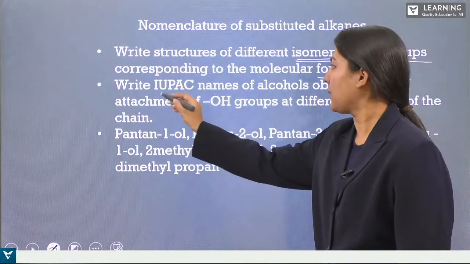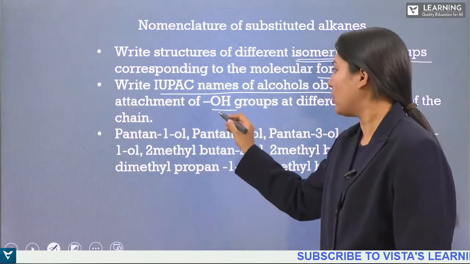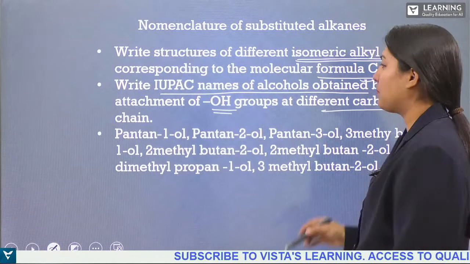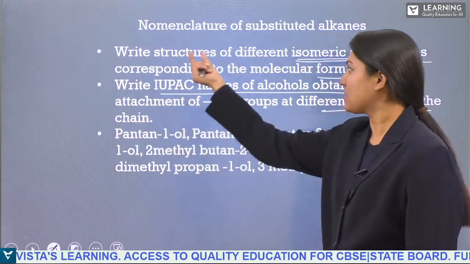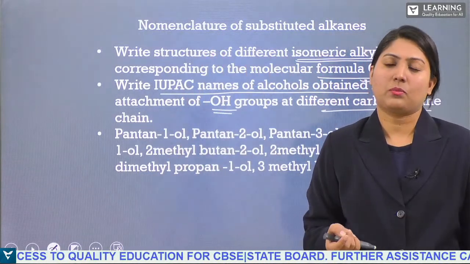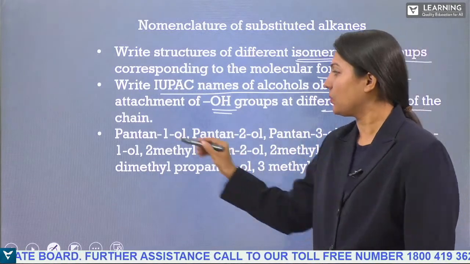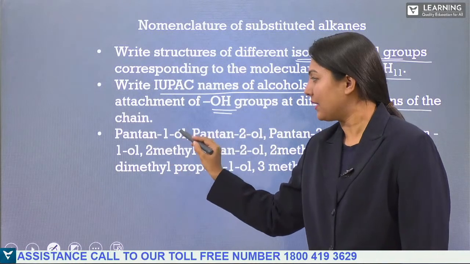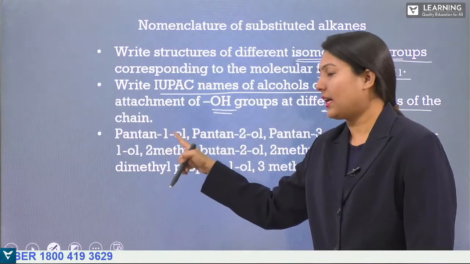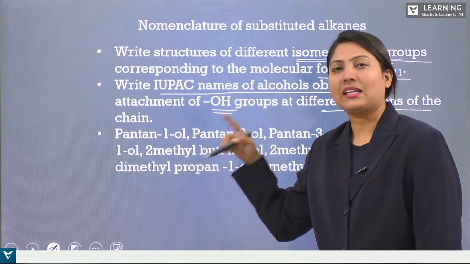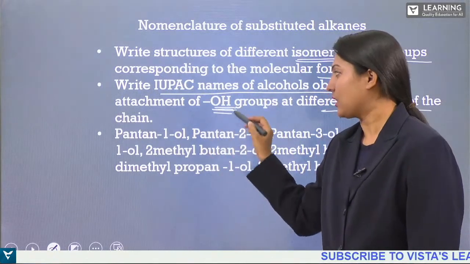Write the IUPAC name of the alcohol obtained by attaching an OH group at different carbons of the chain. That means here we have the alkyl group. We can try with the structural isomeric structures for the pentyl group. If you take pentane and attach an OH group to the first carbon atom, we get pentan-1-ol. OL represents the functional group, the alcoholic group.